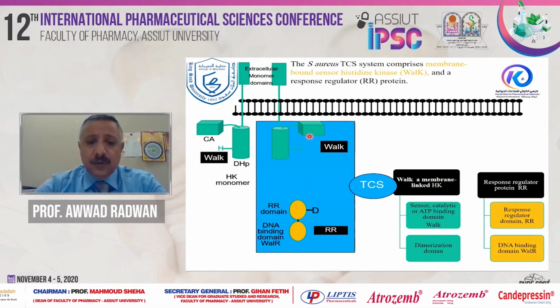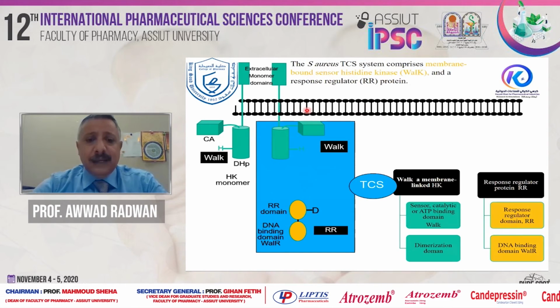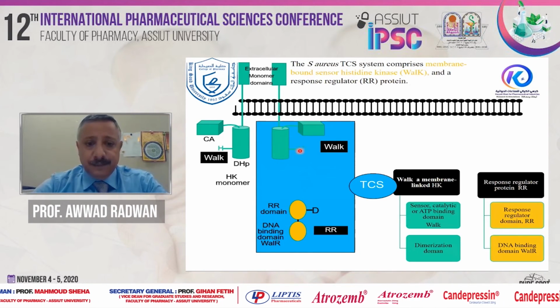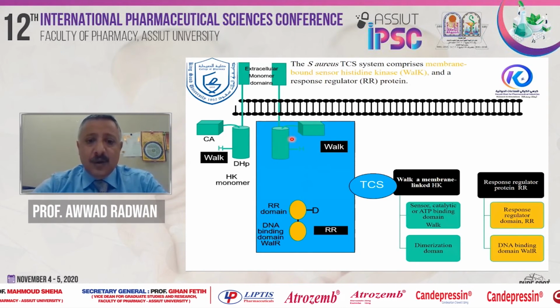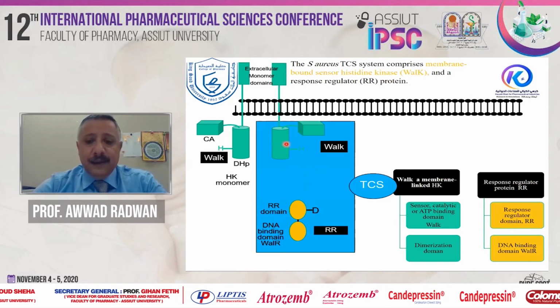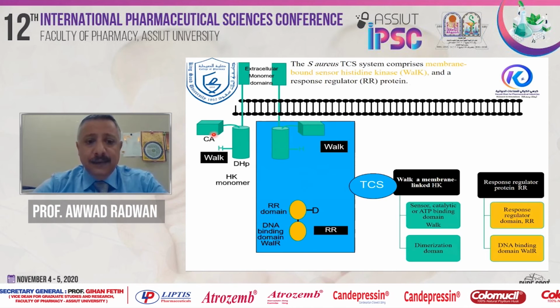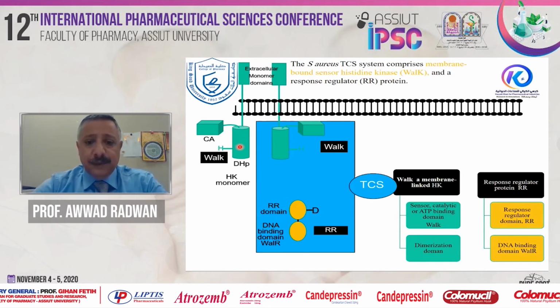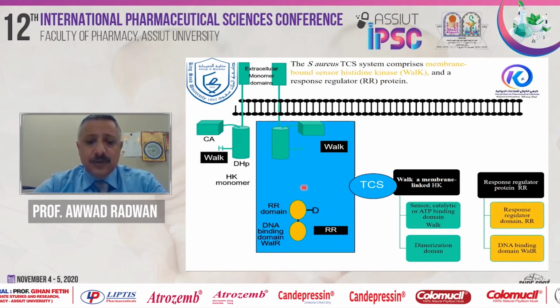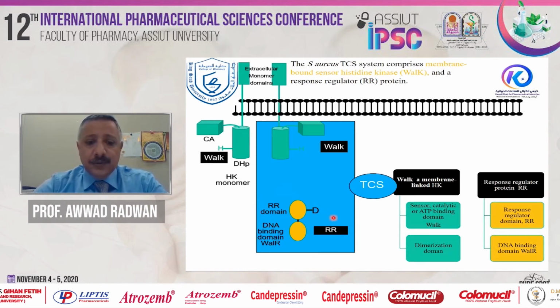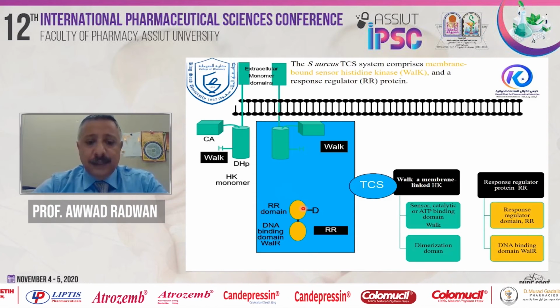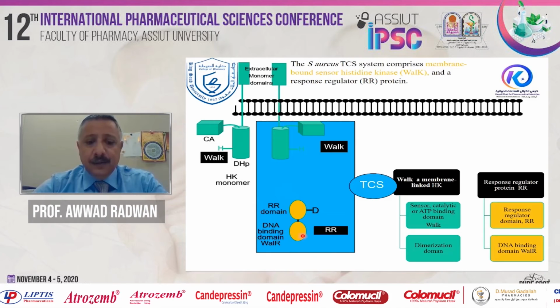WalK, a membrane-linked histidine kinase, consists of a catalytic or ATP binding domain and a dimerization domain. The response regulator protein is composed of a response regulator domain and a DNA binding domain.